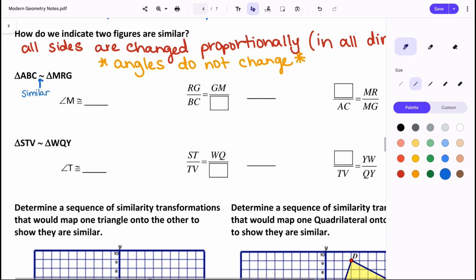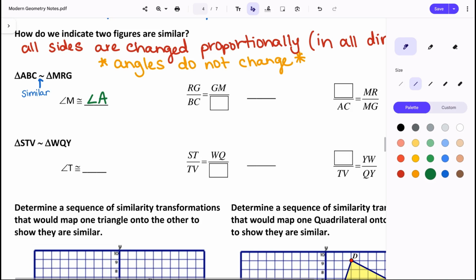So the angles should be congruent. The sides, though, look a little different than what we had before. You would have like AB is congruent to MR, and that's all we ever had to write for a congruent statement. But since we're now talking about similar, that part's going to change a little bit. So let's just begin with the angle, because I think that's the easier one, because it's just like what you've done before. You should say angle M is congruent to what angle? A. So I'm going to write angle A in that blank.